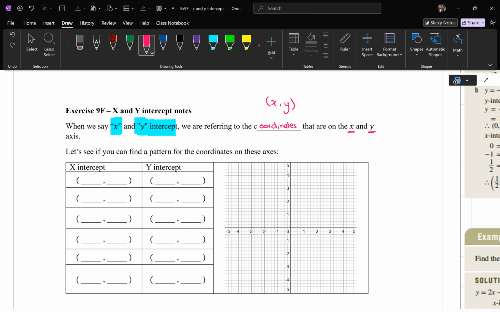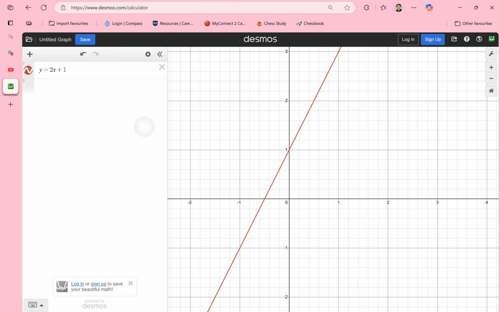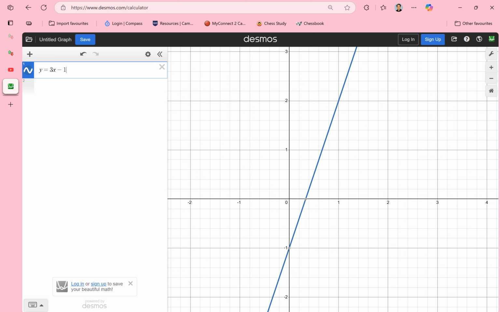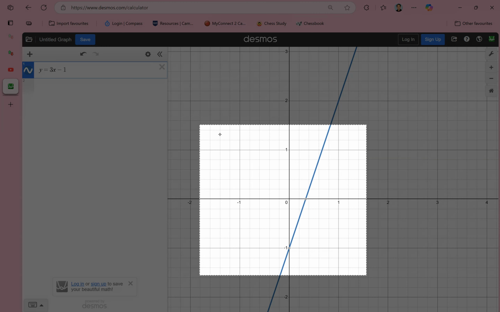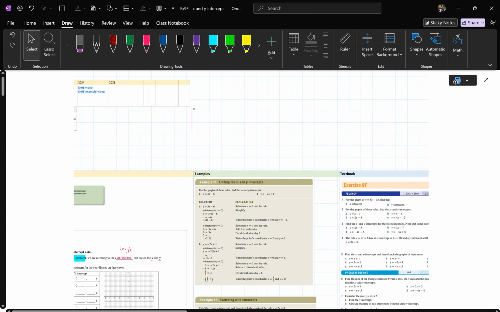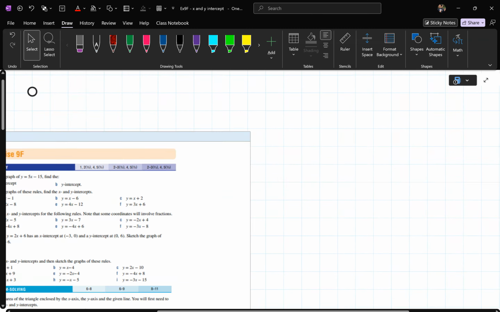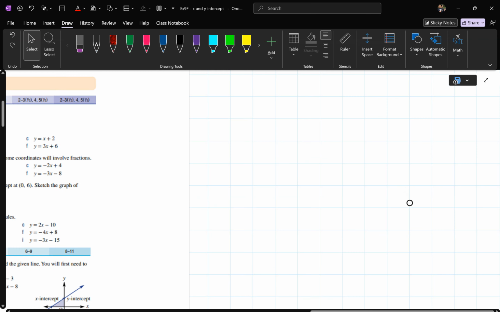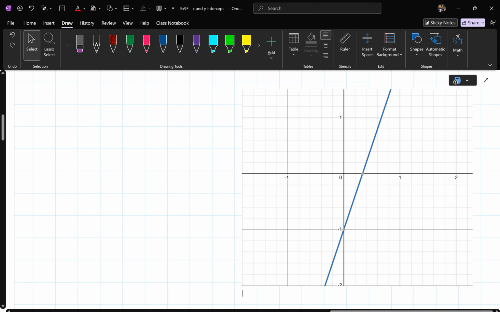Now, here's the logic. When I sketch a straight line, say I'm just going to make it up here, y equals 3x minus 1. Can you see how this straight line, which I'm going to take a picture of and draw over here? I should have just drawn it on the actual page so you can see. But see this graph?